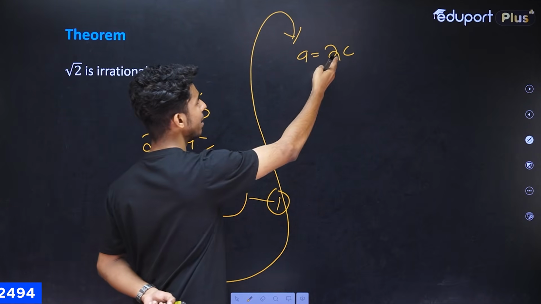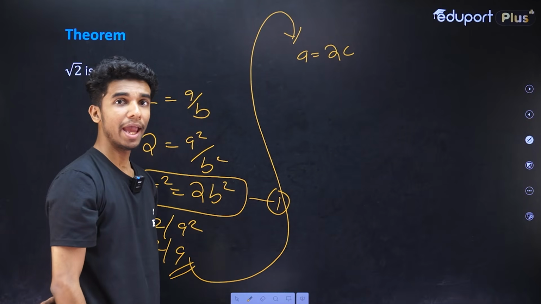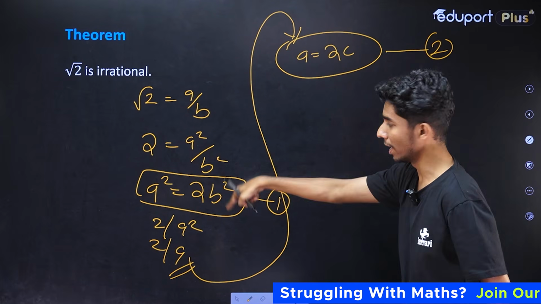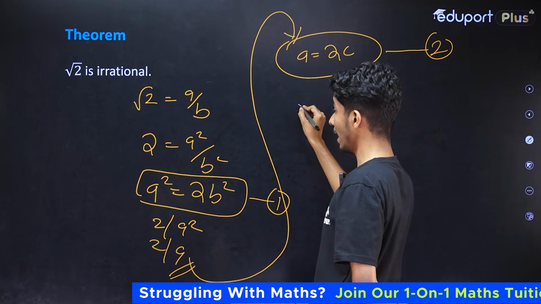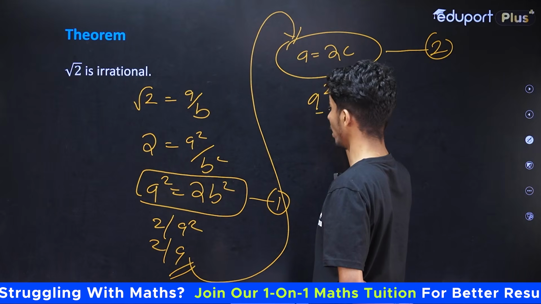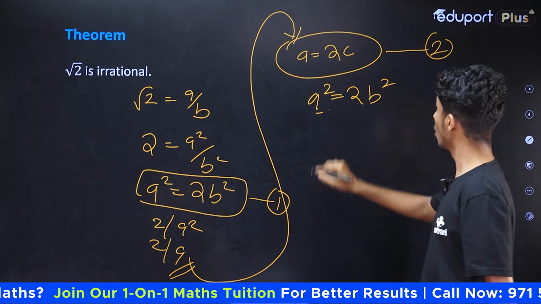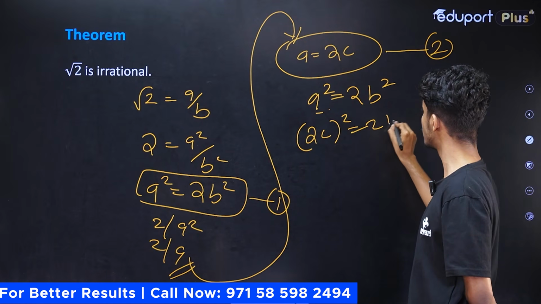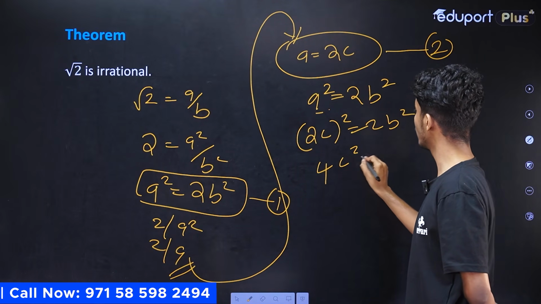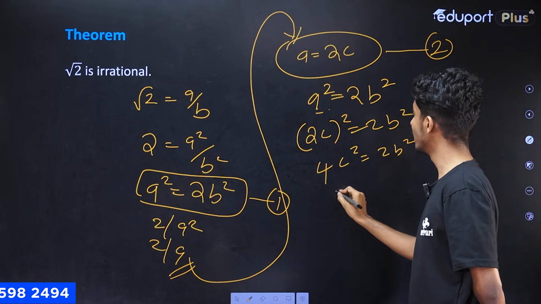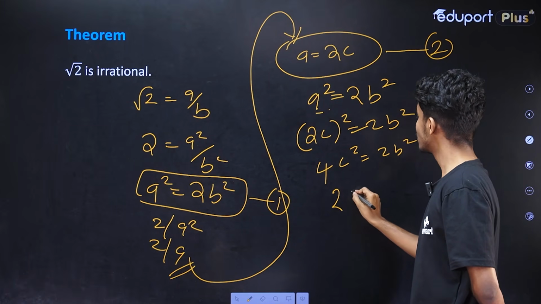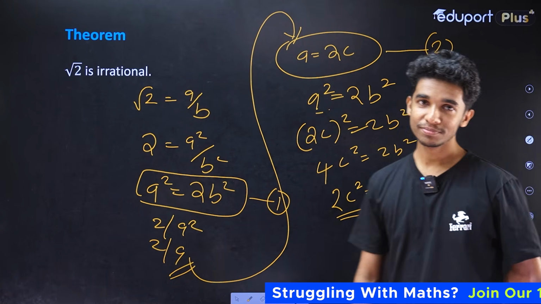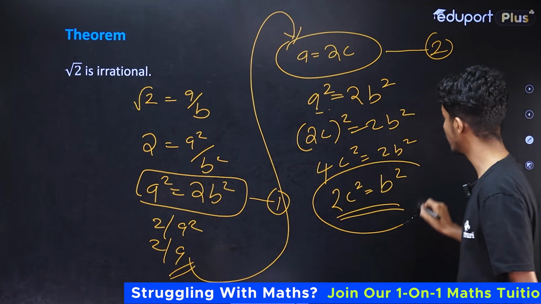Let that number be C, so A is 2C. Again, put this equation 2 in 1. The equation is A square equal to 2B square. So A written as 2C all square equal to 2B square. So 4C square equal to 2B square, and 2C square equal to B square. Let it be equation 3.